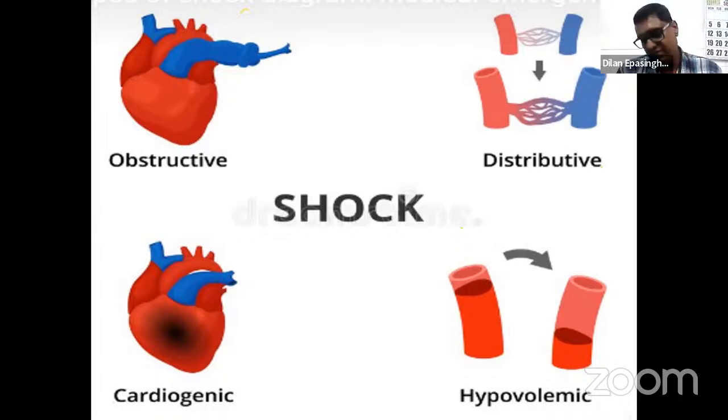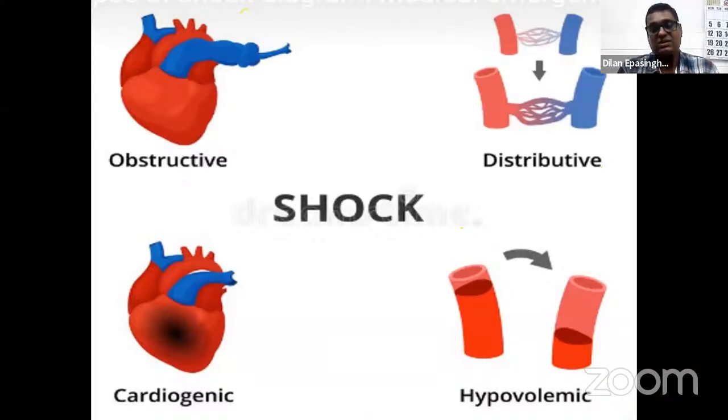Cardiogenic shock is very rare in pediatric situation, but ischemic heart disease, arrhythmias are not rare. And then you can get cardiomyopathies. Then hypovolemic shock, yes, following trauma, bleeding, then diarrhea, vomiting, burns, you can get hypovolemic shock.